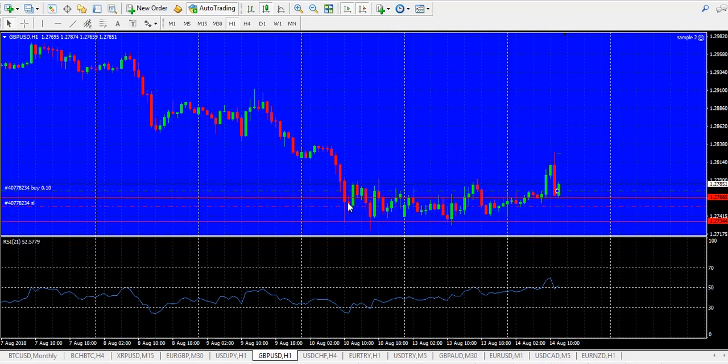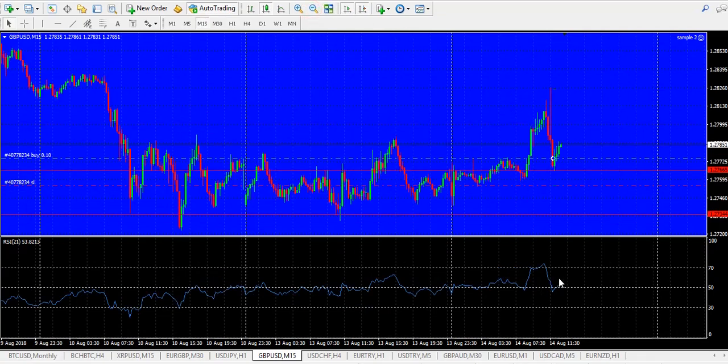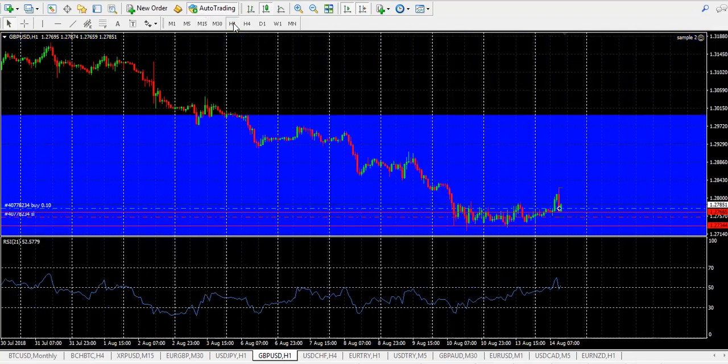The lows are pretty much consolidating, but the RSI is increasing. That's divergence. Like if we come into the 15-minute chart, you can see it clearly on this hour chart right here. Consolidation, momentum increasing.